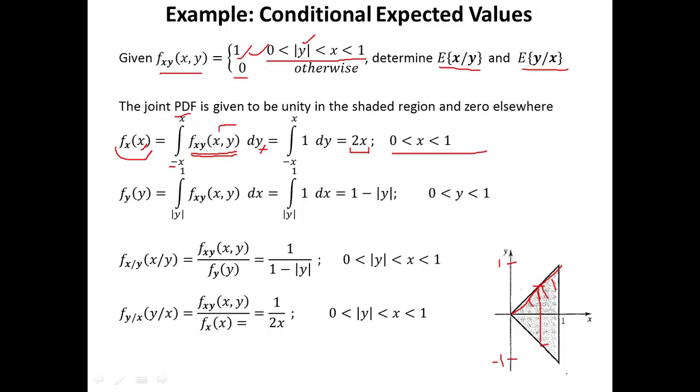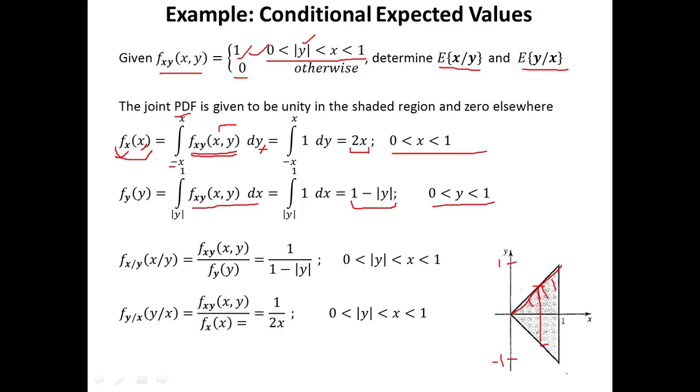Similarly, the PDF of random variable y is the integration of the joint density function with respect to x, where x varies between magnitude y and 1. If you integrate, you will get 1 minus magnitude y for the range magnitude y from 0 to 1.